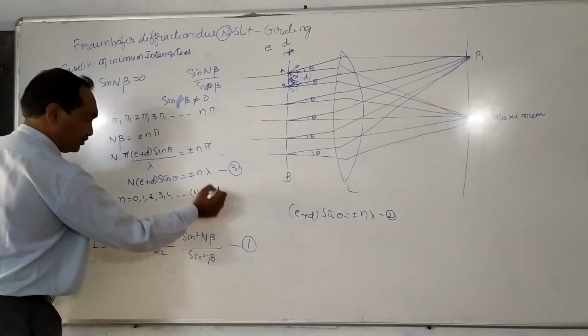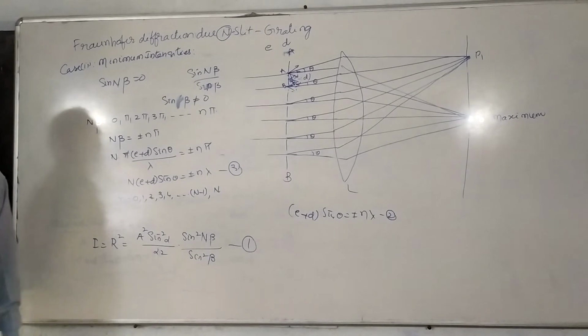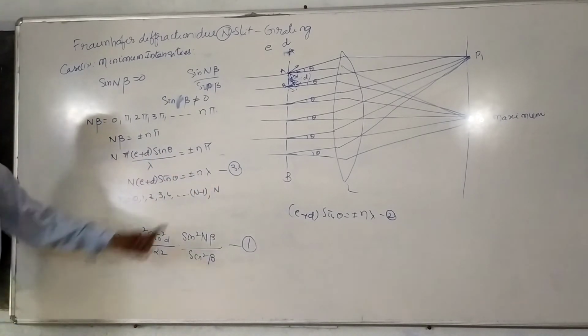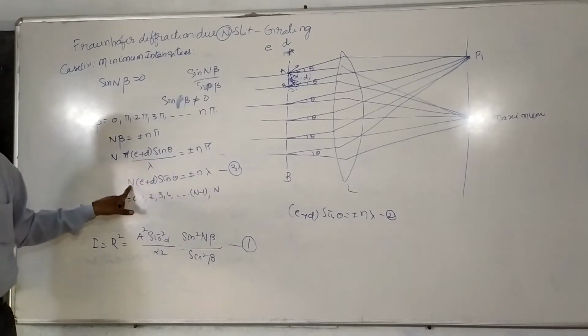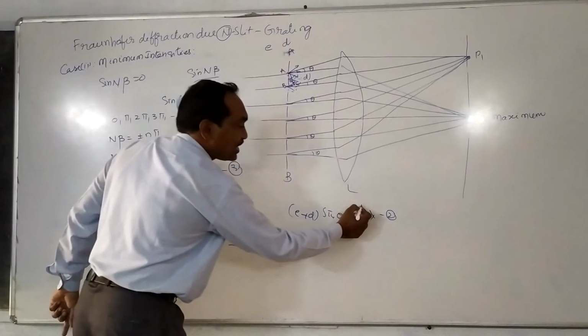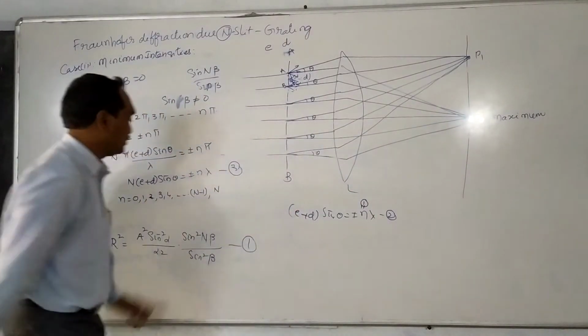What about n equal to N? If small n is equal to capital N, then what happens? This capital N and this capital N cancel each other. Then e plus d into sin theta is equal to lambda. If n is equal to 1, then what happens? Same as equal.